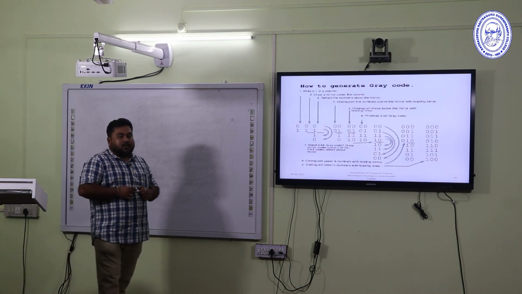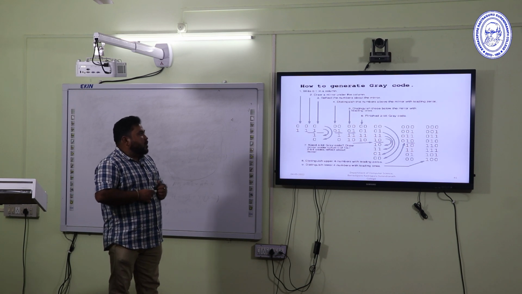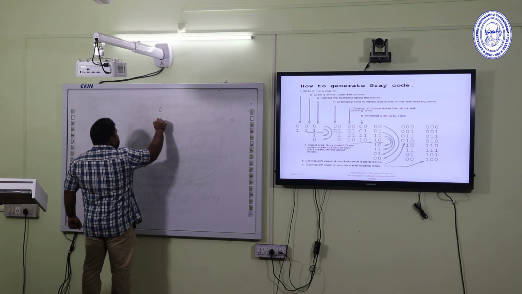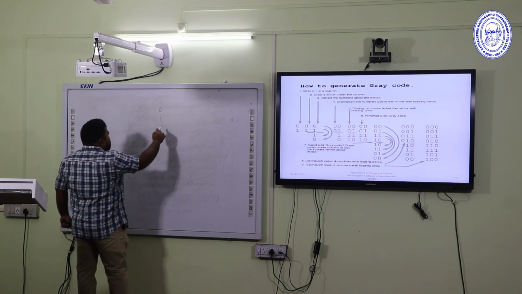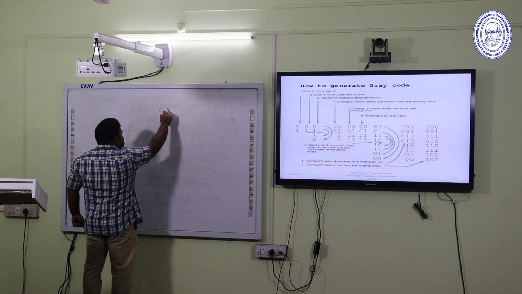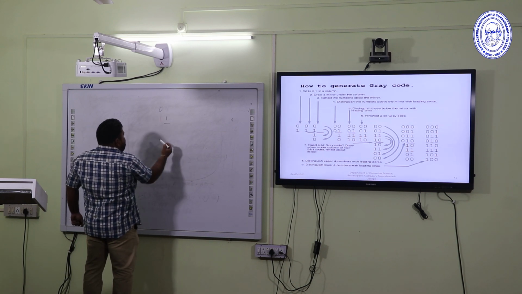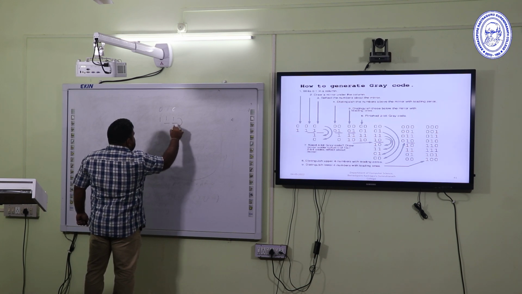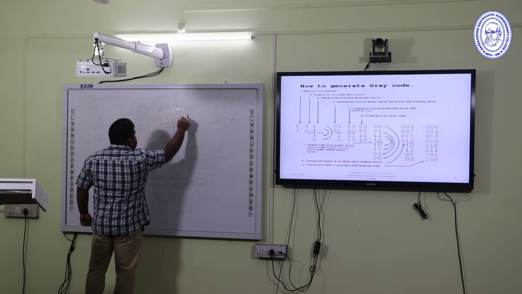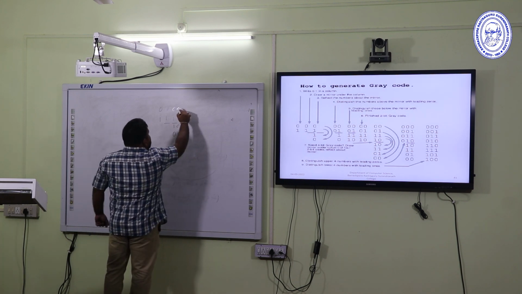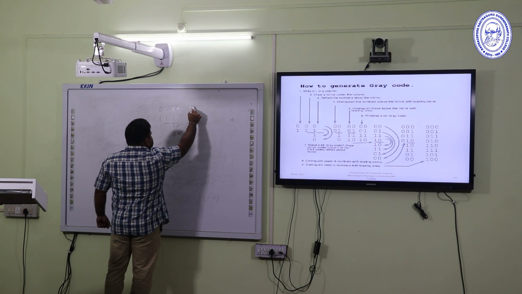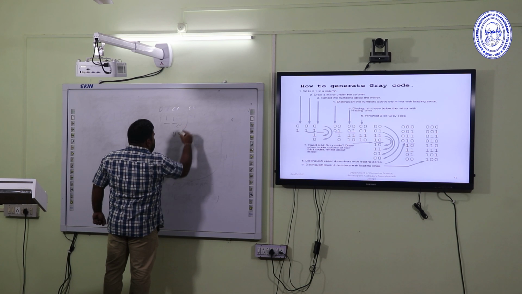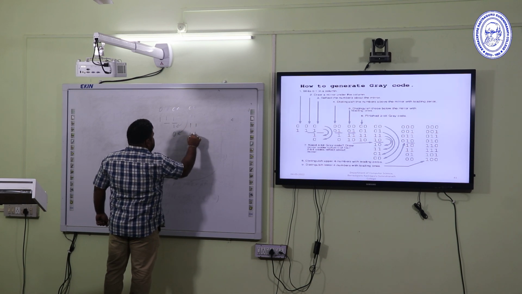So this is the gray code generation algorithm. If we take the two variable gray code, we can simply write 0 and 1. Then we draw a mirror and reflect, that is 1, then 0. The upper half will be padded by 0, that is 0 0, 0 1, and the lower half will be padded by 1, that is 1 1, 1 0.